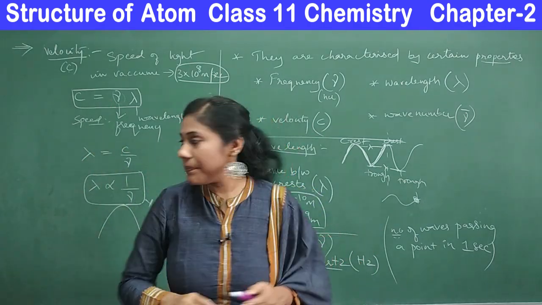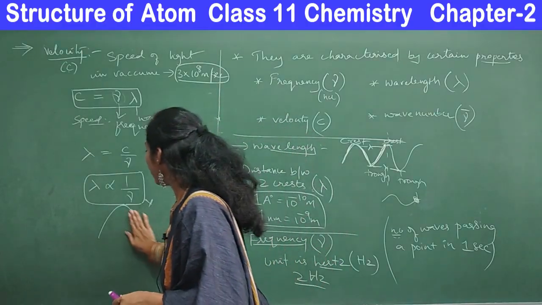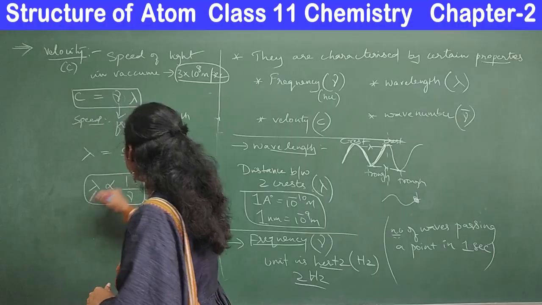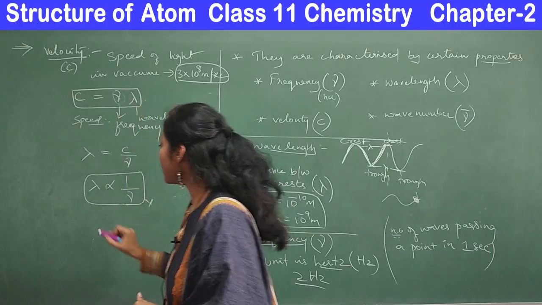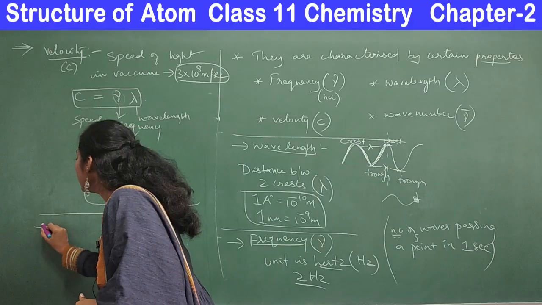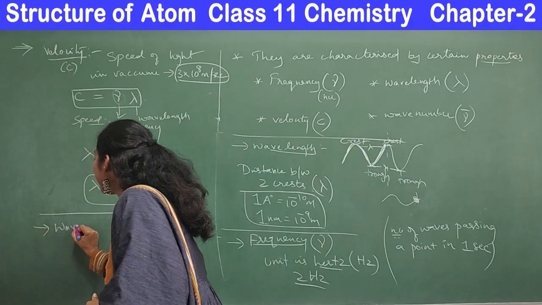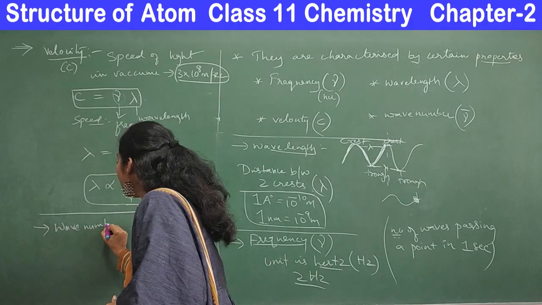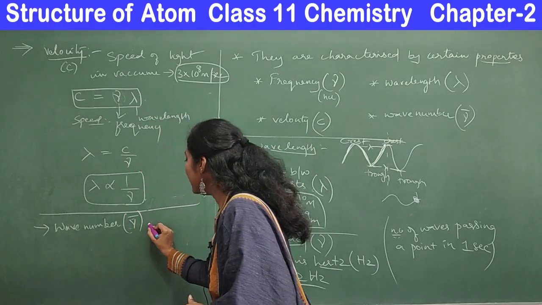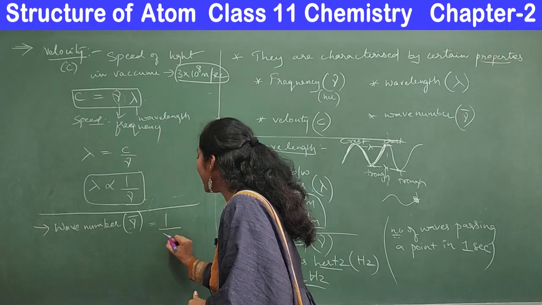And next you have something called wave number, isn't it? So let us talk about the wave number. This is a very, very important relation one must understand. Now let me talk about the fourth one, wave number. This is very simple. Wave number has the symbol nu bar. It's nothing but 1 by lambda.